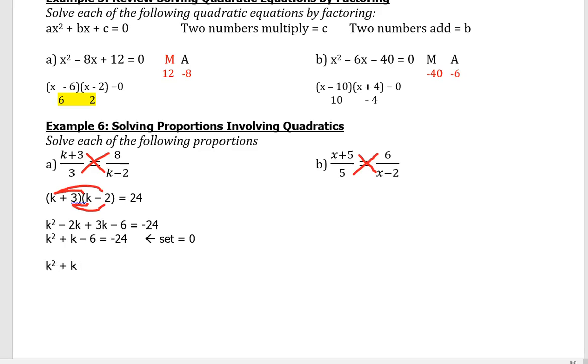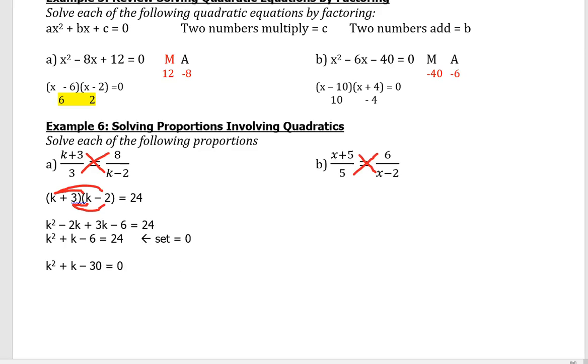And if I add 24 to negative 6, I'm going to get 18. Whoops. Guys, forgive me. I don't know where that negative came from. I think I was thinking about subtracting it. Okay, forgive me. We are going to subtract 24 from negative 6 to set that equal to 0. So this is going to be negative 30.